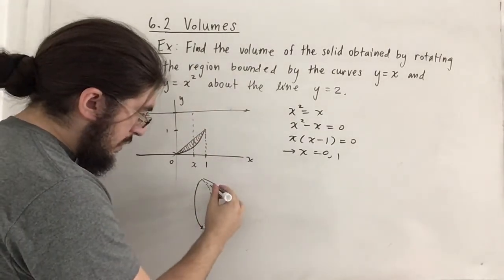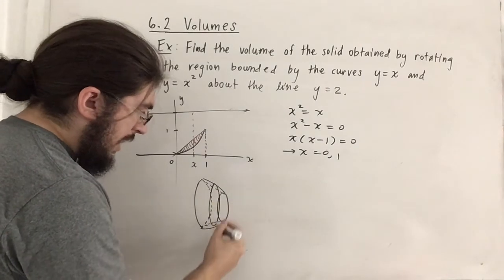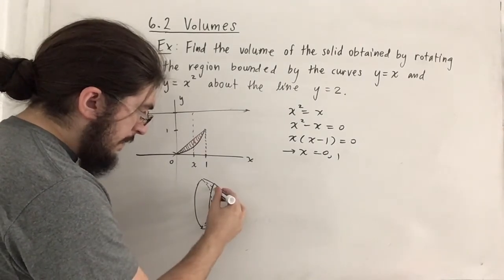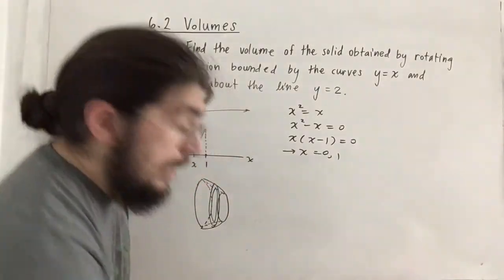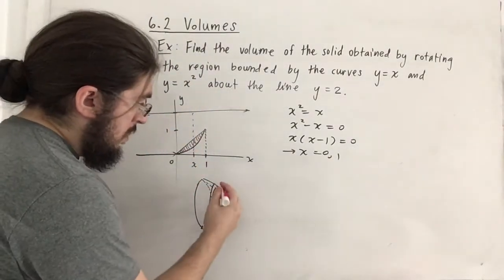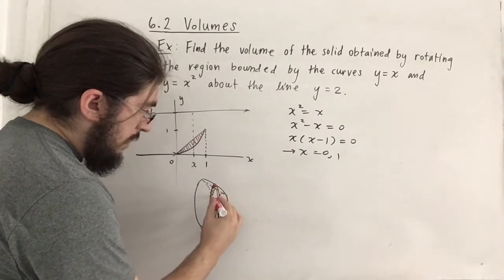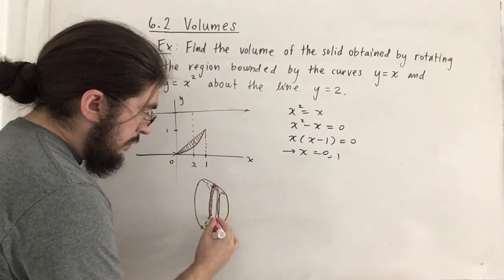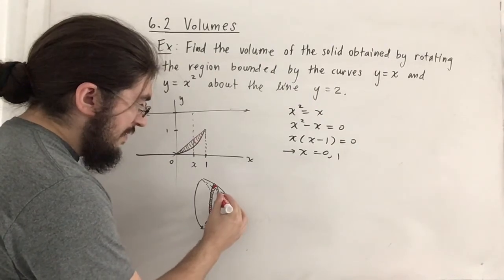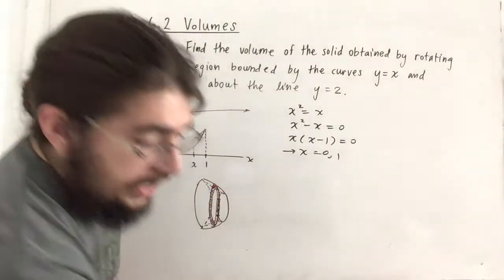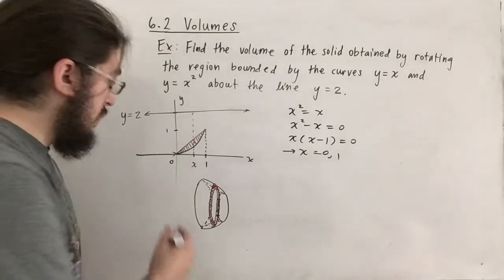Let me try to draw it. It looks like a circle, but of course there's this empty part to it. So it looks more like a ring. And there's actually a name for this. These are called washers. I'll draw this washer shape, not in a three-dimensional perspective, but flat face down after I finish shading it here. And of course there is an inner radius and an outer radius to this washer.